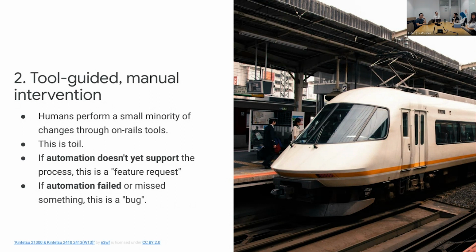The downside of this is it's still toil. A human has to think about, what am I supposed to be doing here? Maybe they were interrupted from something. If it happens all the time, then they might never be able to get any other work done, even if all they're doing is clicking a button. So we really try to avoid this when possible.